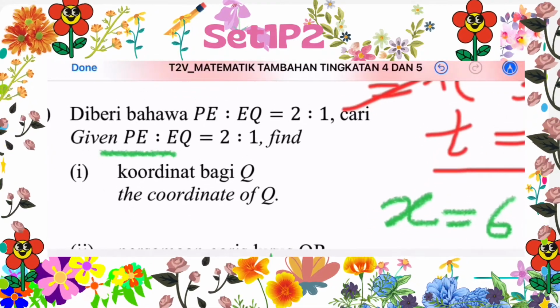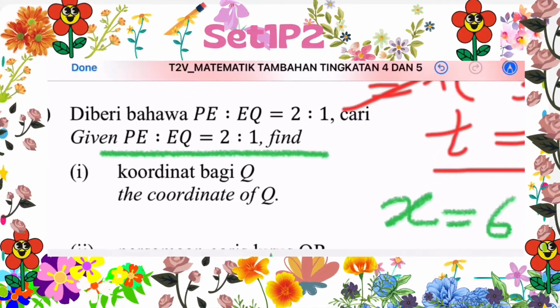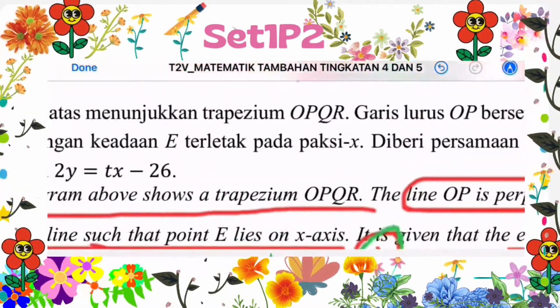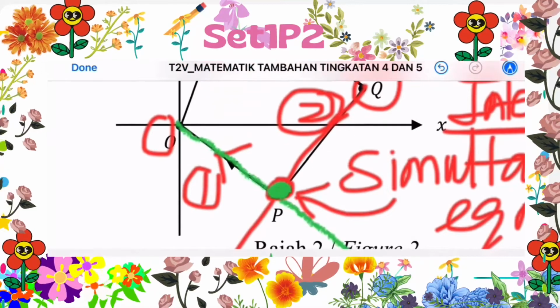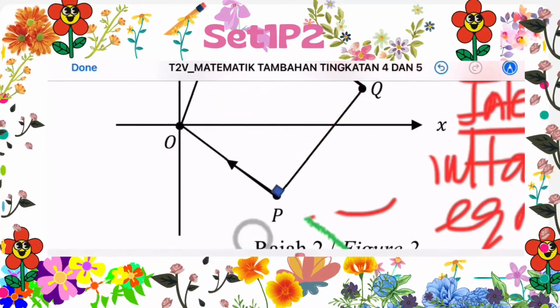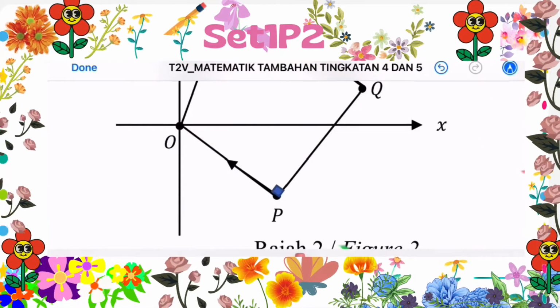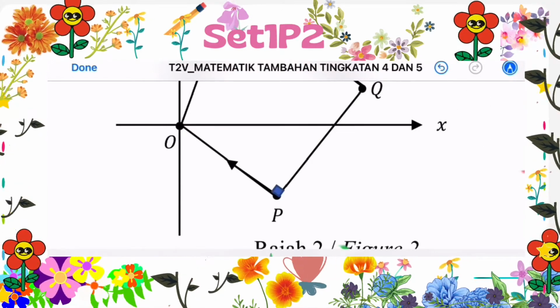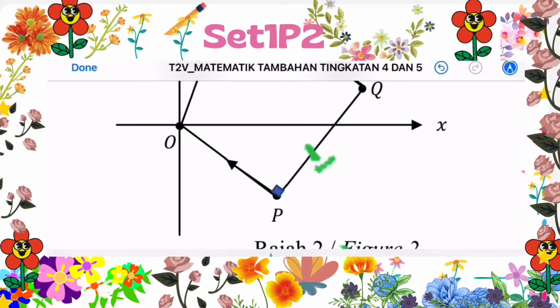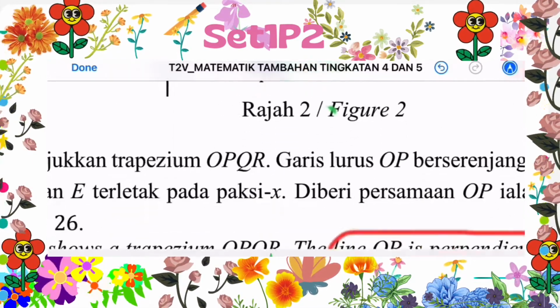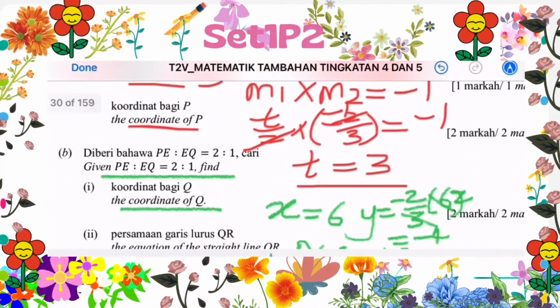Now, PE to EQ is 2:1. Find the coordinates of Q. PE, where is PE? Let's clear the space. We are going to write the ratio. Okay, PE, EQ. The ratio was given, right? So let's read the question again.